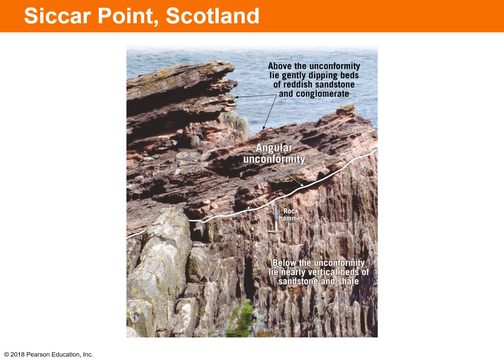The reason this is called an angular unconformity is that you have this break in the rock record caused by non-deposition and erosion, but it's angular because the layers above the unconformity are deposited at a different angle than the layers below the unconformity.